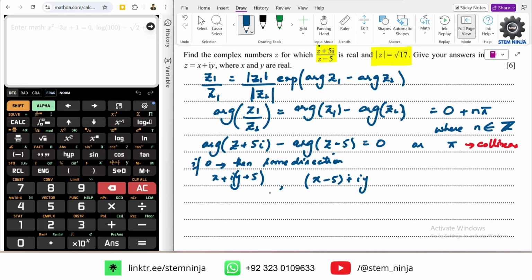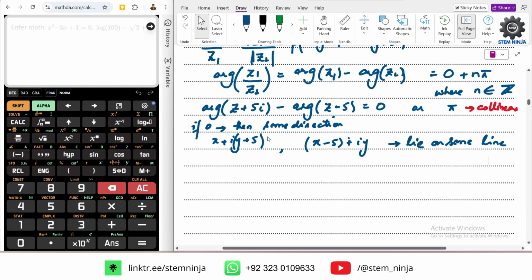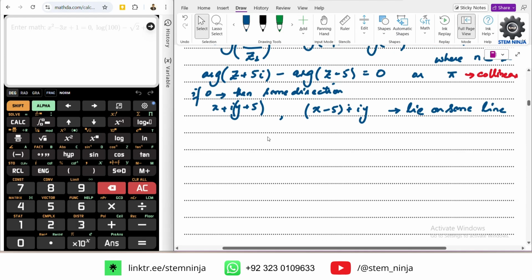Now they lie on the same line, right? So this means that we can apply the gradient formula, or we can say that they are on the same line.